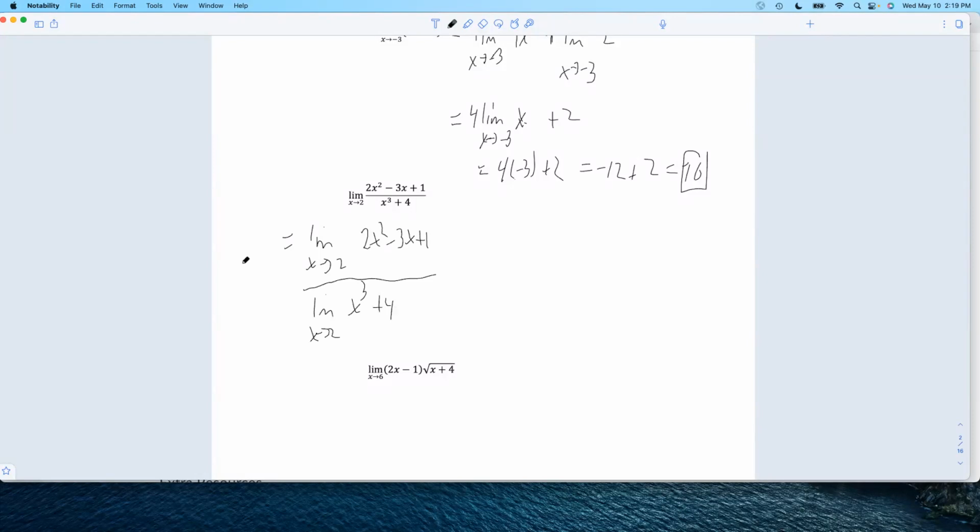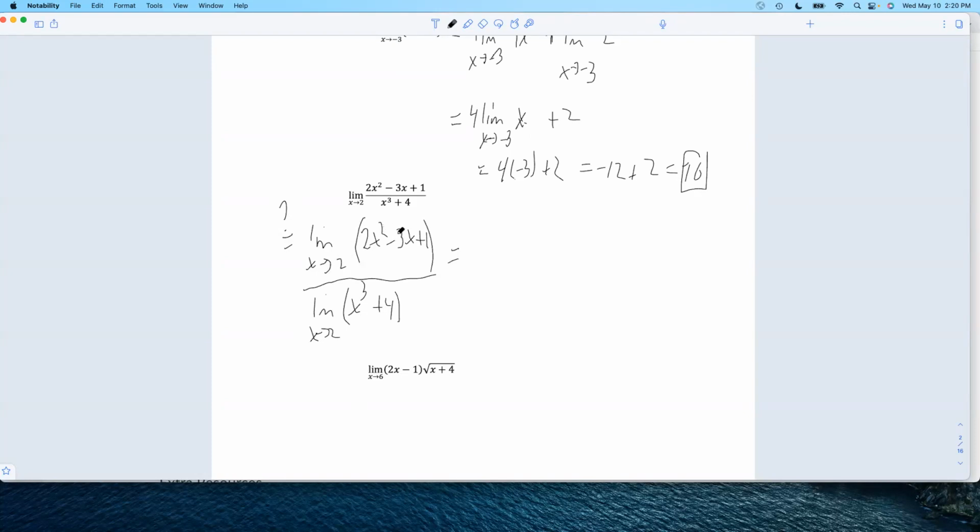Now, I don't know if this equal sign is true. I may have just lied to you. It depends on what we end up getting here on the bottom. If I end up getting 0 on the bottom, I was not allowed to even do this step to begin with. So maybe we'll put a question mark here because we're not sure if we were allowed to do that. You can't distribute a limit top and bottom of a fraction if the bottom limit is 0. But let's check.